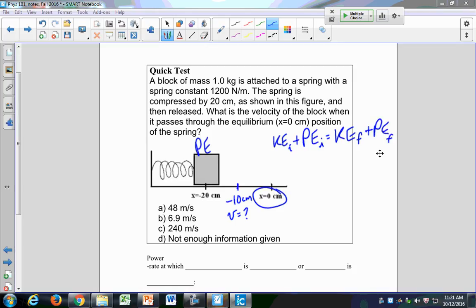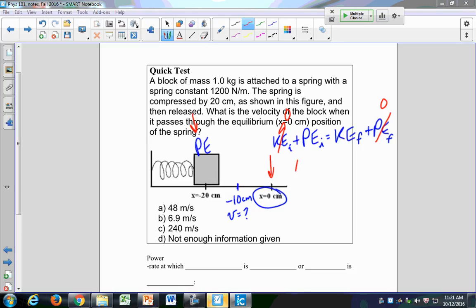And in fact, I do think about those things, but then I realize, oh, well, the kinetic energy at this point is 0, and the potential energy at this point is 0. Kinetic energy is 0 because v equals 0. Potential energy is 0 because x equals 0. It's at its equilibrium position.